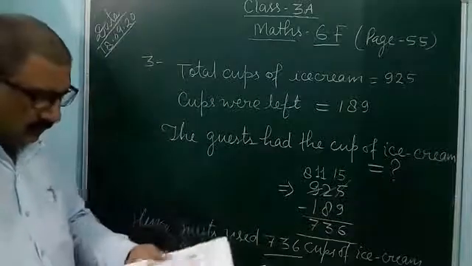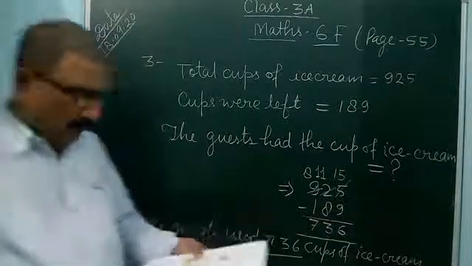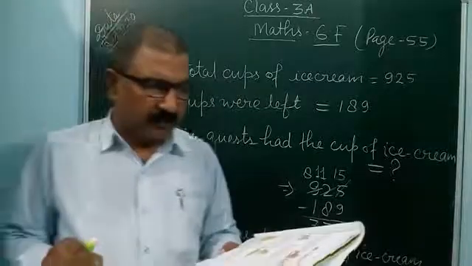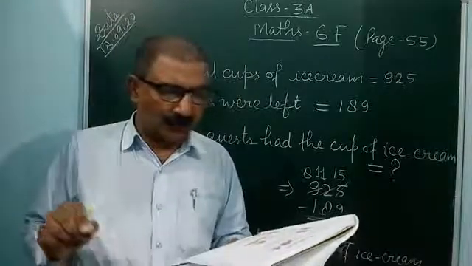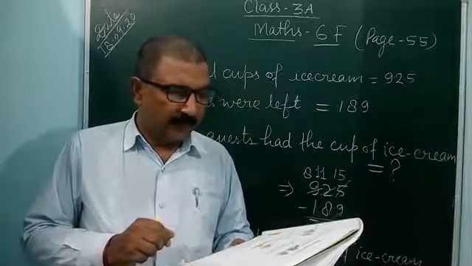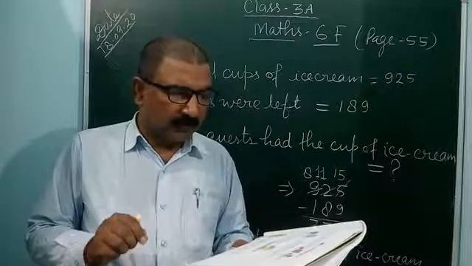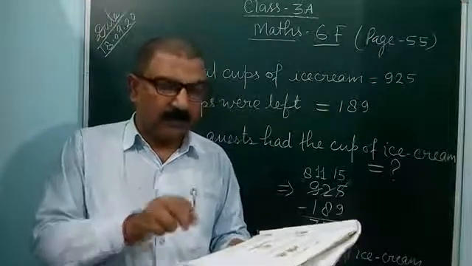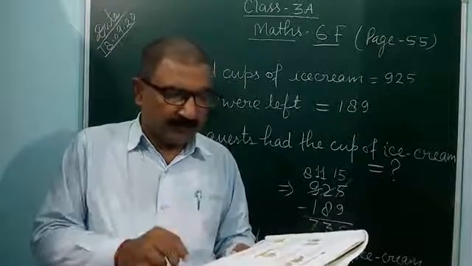Last, question 4, you can do yourself. A poultry farm sold 5,392 eggs in a week and it sold 1,587 fewer eggs the next week. Fewer eggs means this number must be subtracted.